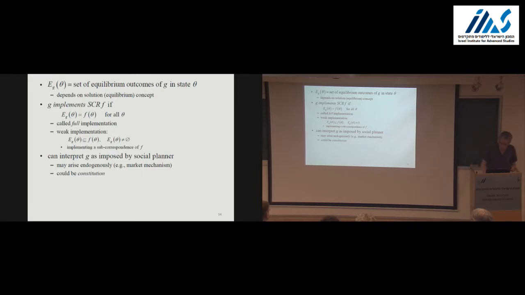That's a mechanism as well. Or on a more humble level, a relationship between a buyer and a seller, a bilateral contract, can be thought of as a mechanism as well.